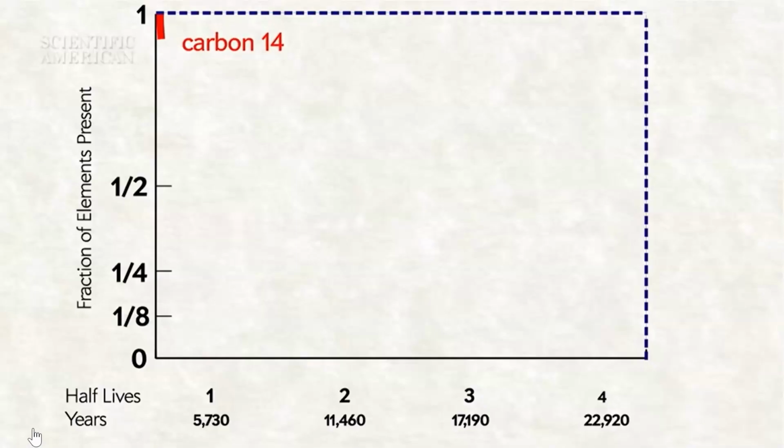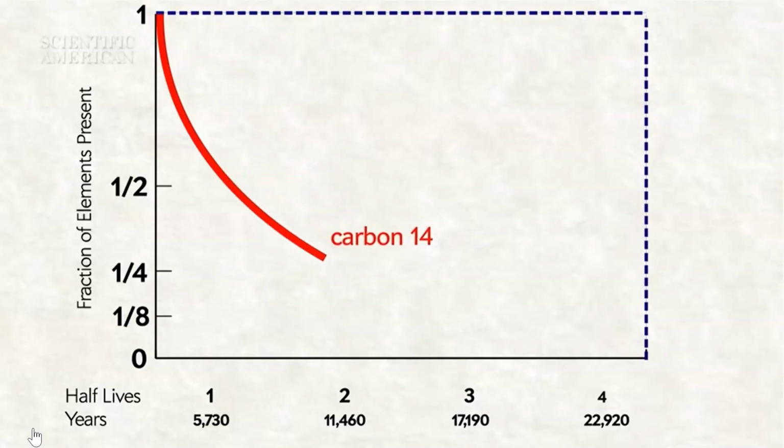It's unstable. So once an animal dies, the carbon-14 in its body will start to go away. Every 5,730 years on average, about half of the carbon-14 atoms will decay into nitrogen. This is its half-life. After one half-life, the animal will have about half the amount of carbon-14 it started with. After another half-life, it will have about a quarter.